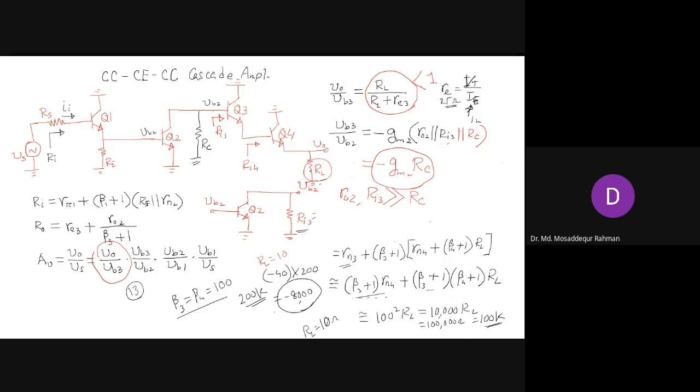It can be low, it can be high, but that will not affect the gain, because gain is now fixed by our resistance RC and GM. So both of which we can fix, and we can fix the gain. Is it clear? Yes, sir.